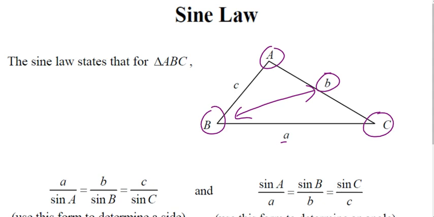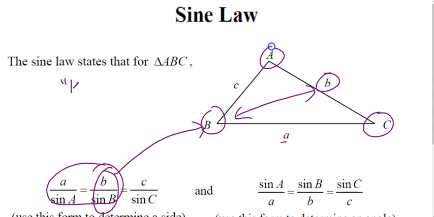Now the way that we're going to use this is we're just going to take four quantities, like angle A, angle B, little a, little b. If we know three of those quantities, we can use the sine law to solve for the fourth. Now you'll notice each of these has a ratio like b over sine B, so we need what is called a known pair.